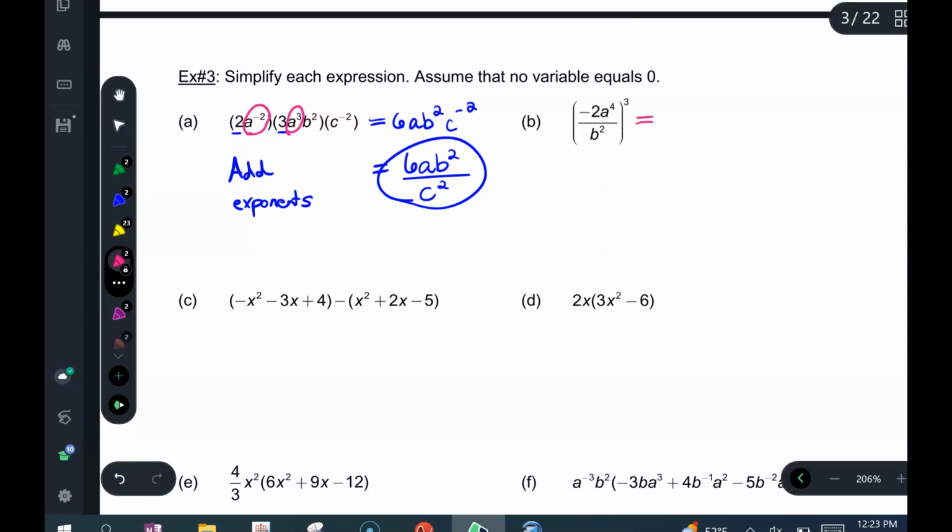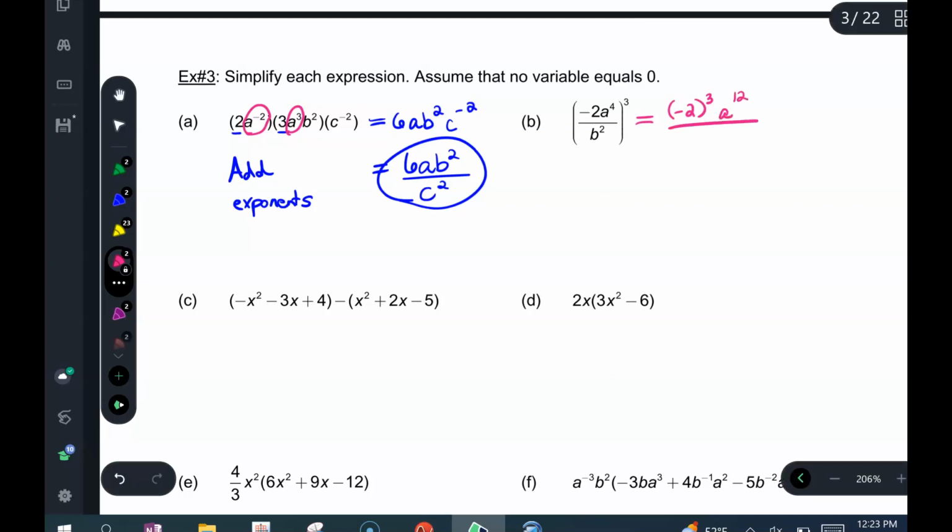Okay, what do we have? We have -2 to the third, right? We're going to distribute that power of 3 to each part. What happens with a to the fourth raised to the third power? It becomes a to the 12.